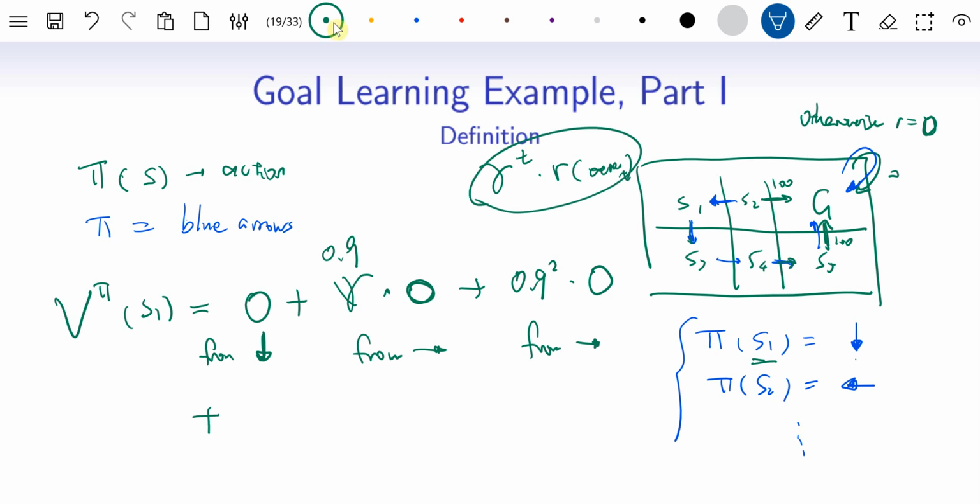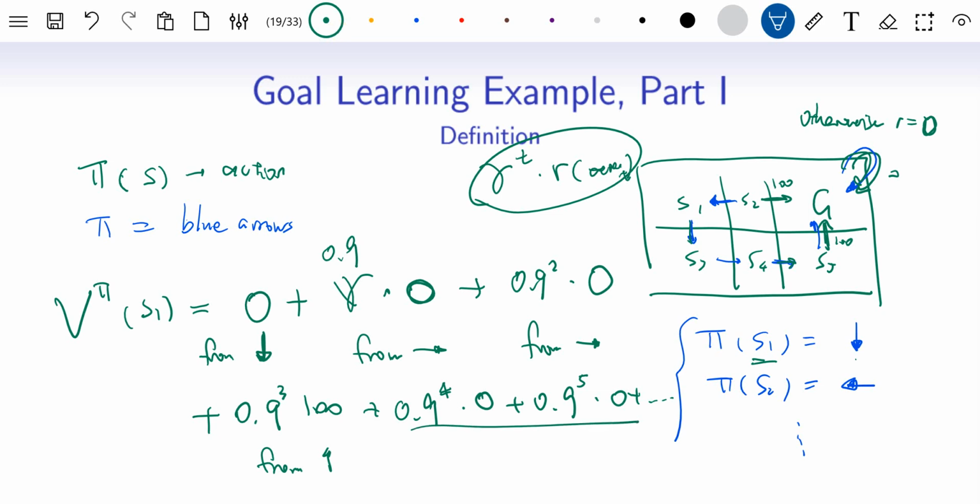And then in the next period, from going up, you are going to get 100, and you get 0.9 to the power 3 times 100. And after that, you get 0.9 to the power 4 times just going around, 0, 0.9 to the power 5 times 0, and so on.